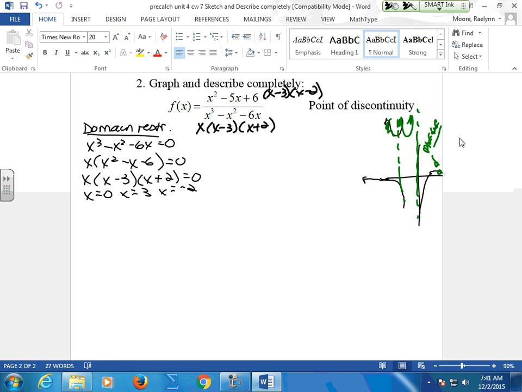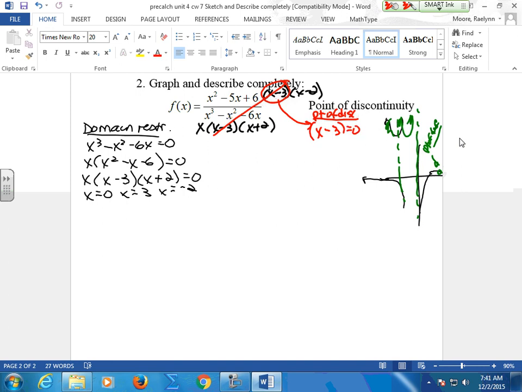All right, so now, we're going to factor and reduce this. But you're going to keep track of the point that you reduce. What factor can we reduce? X minus 3 can be reduced. We're going to circle this and bring this over to the side and write point of discontinuity.